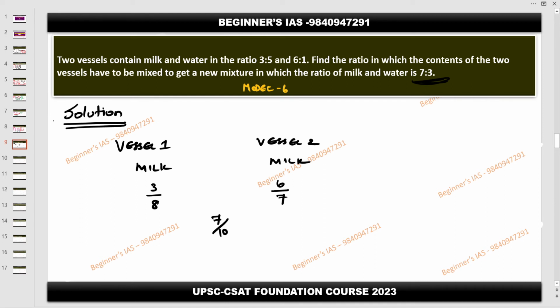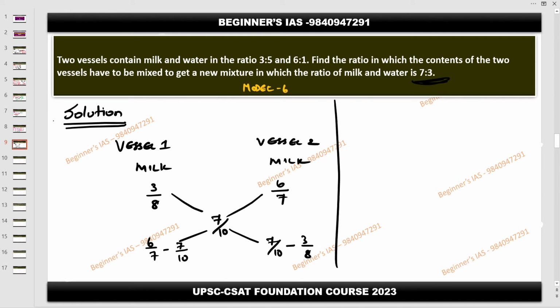What is the alligation method? I will tell you. You have 7/10 minus 3/8 here, and 6/7 minus 7/10 here. If you know the alligation method, it is easy. Now take the LCM here, 70. So here 7 times, 7 times here in this.